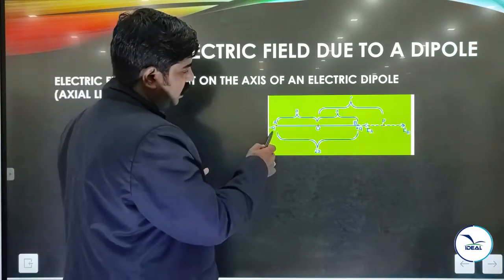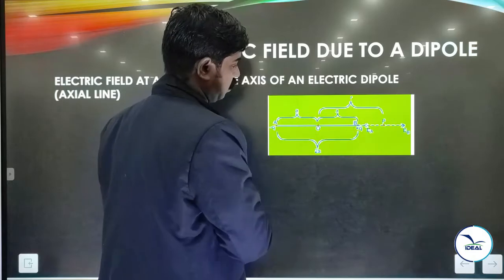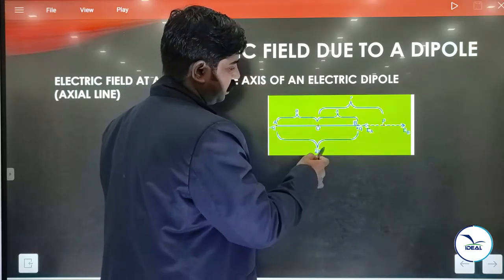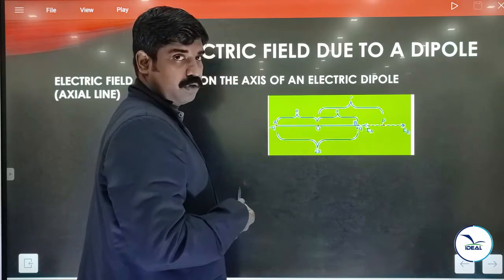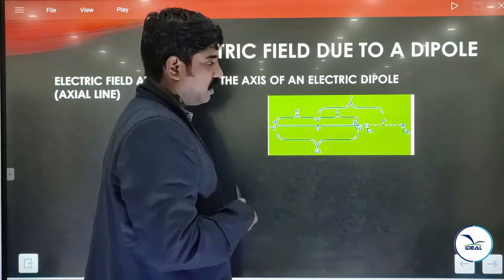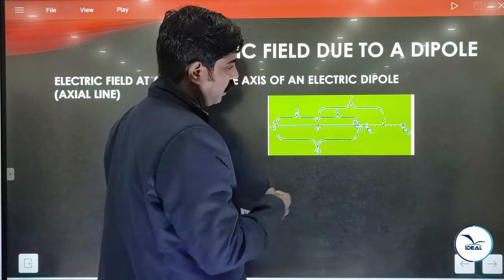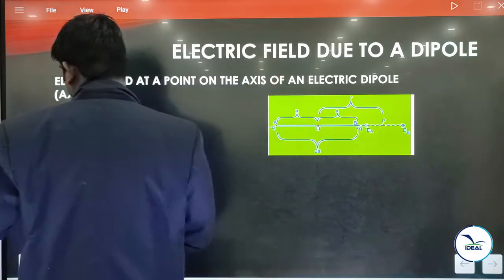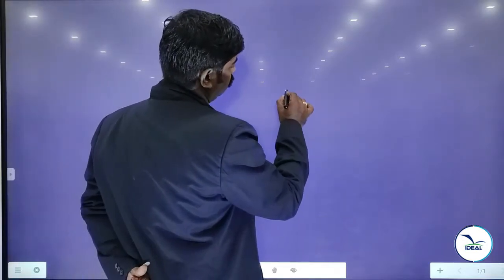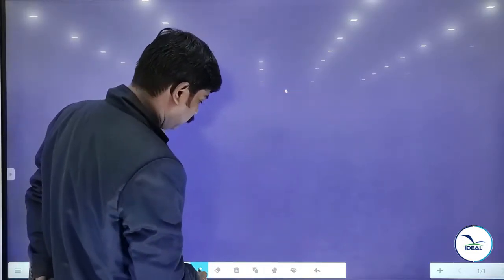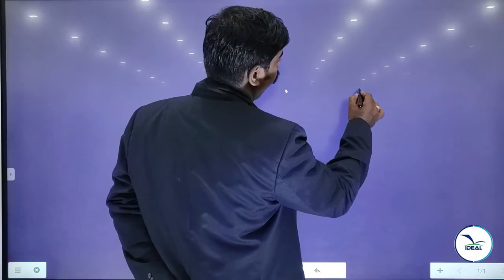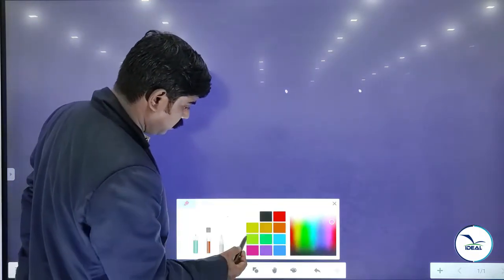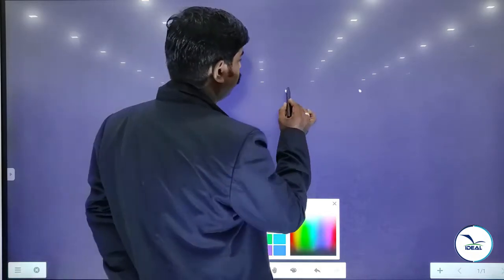You can see here minus q, plus q, and it's separated by a distance, that here I took as 2a, instead of 2l. Two charges, minus q and plus q, separated by a small distance.